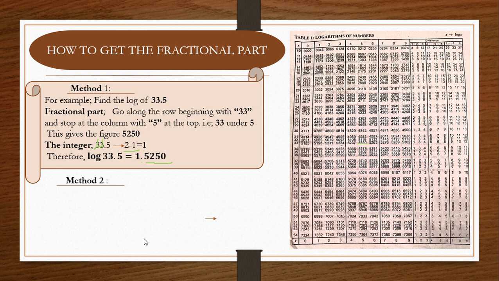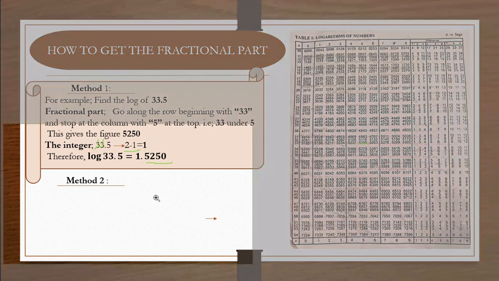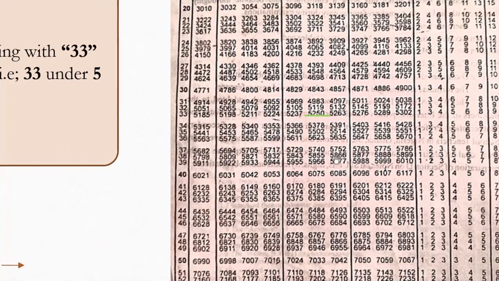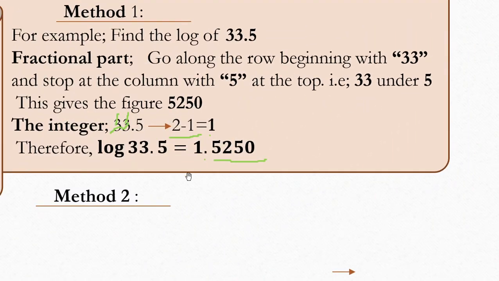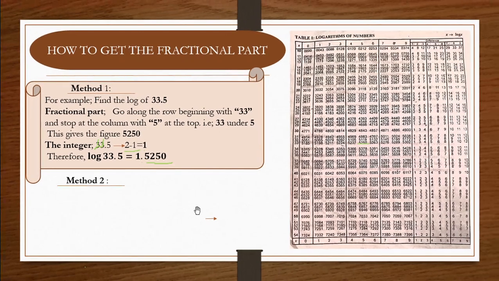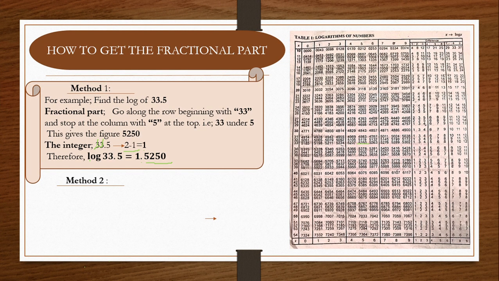Let me zoom in again so I can see it. 33 under the column of 5 gives 5250, and our integer part is 1. So that's how we got our answer. So the log of 33.5 is 1.5250. Remember how we got our integer and how we got our fractional part.